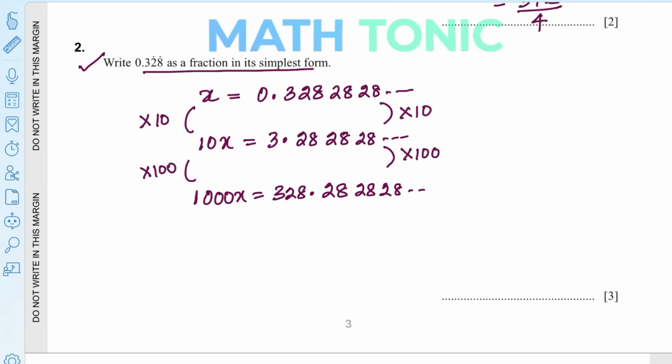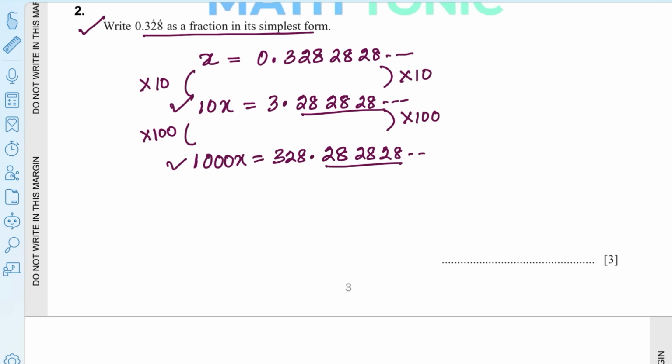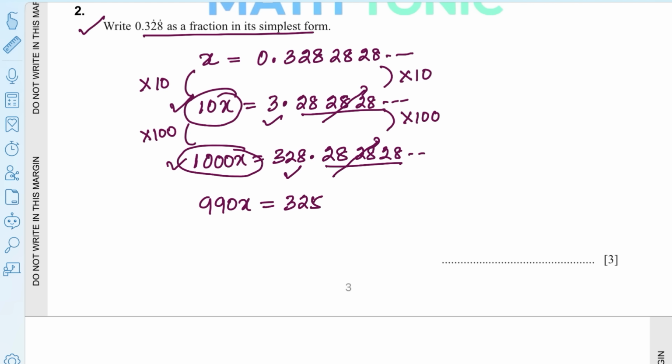If you see this carefully, in these two equations the decimal parts are exactly the same, so we can subtract these two equations. How? 1000x minus 10x is 990x, that equals, and the two decimal values if you subtract can be cancelled, 328 minus 3, so it will be 325. Got it?